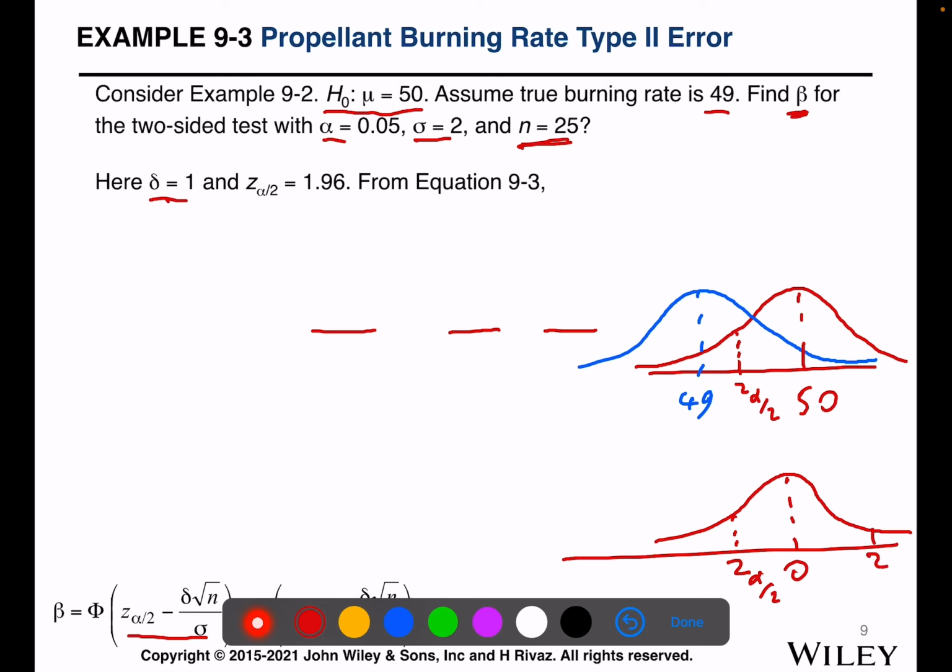If you don't shift the blue curve, the ranges in the equation don't make sense. Yeah, you have to shift them. You have to look at them in the standard case, which is this case at the bottom.